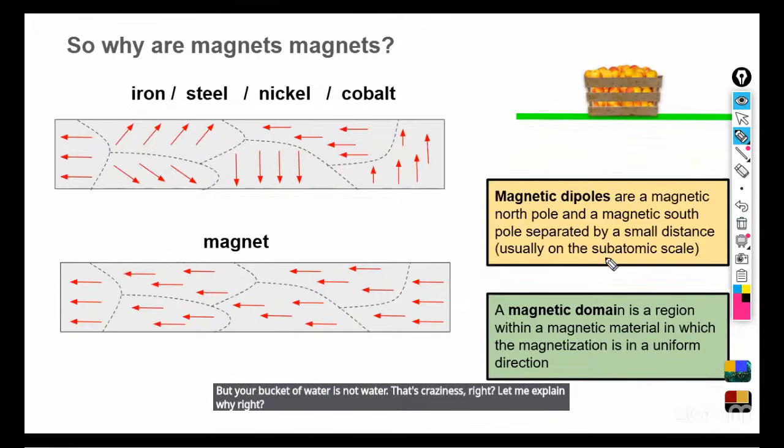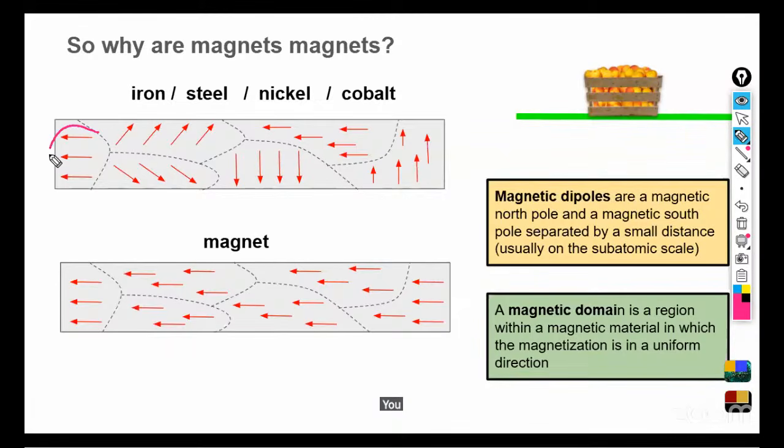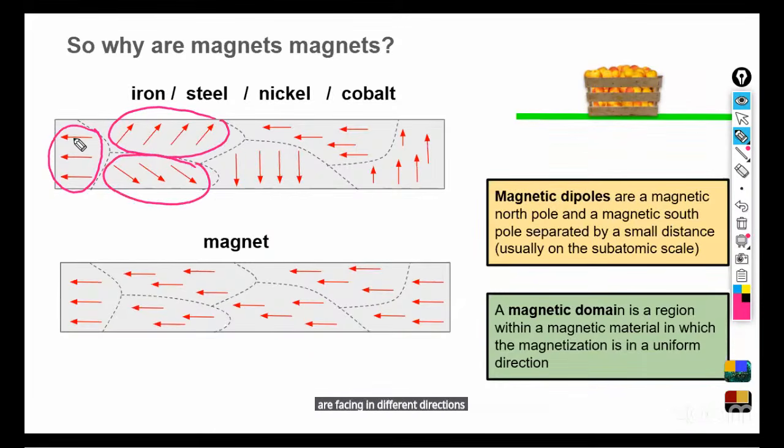It's not actually that crazy once you understand. You notice that the dipoles are facing in different directions. So this dipole will have a magnetic force. This set of dipoles will also have a magnetic force.